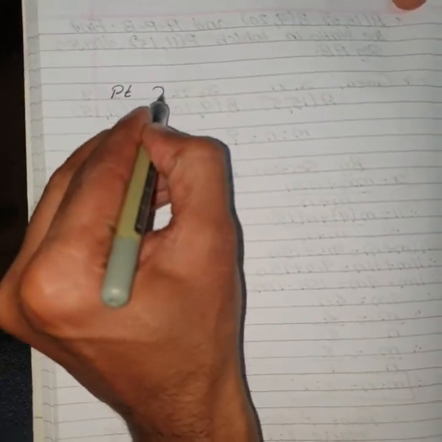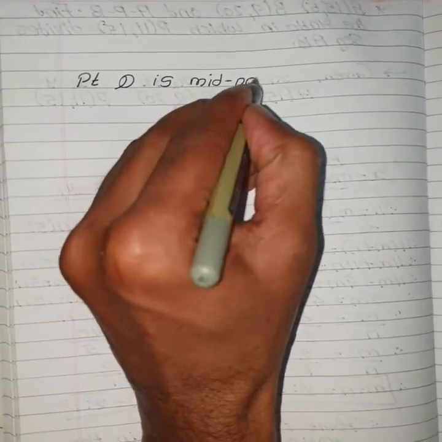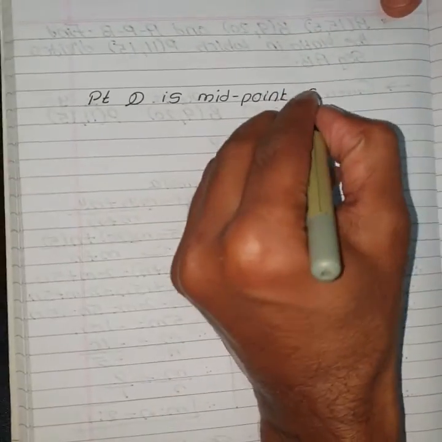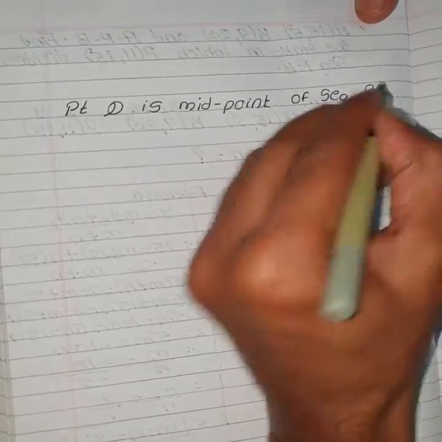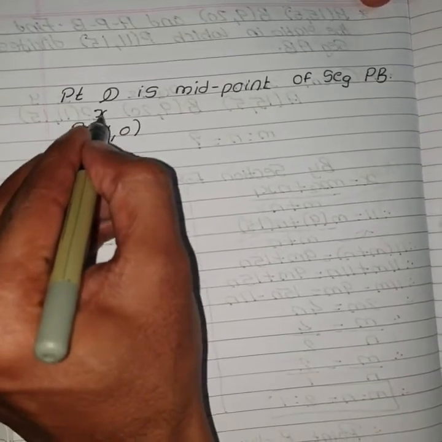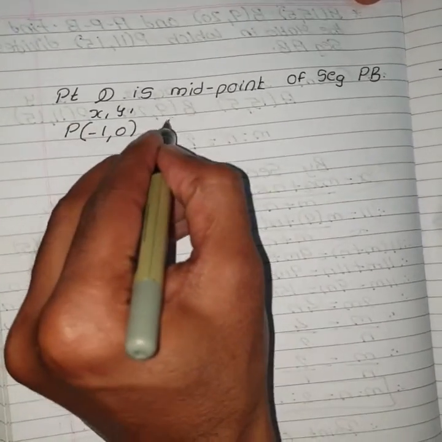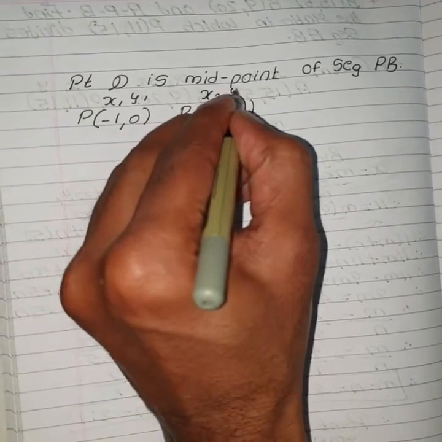Point Q is the midpoint of segment PB. P is (-1, 0), x1 y1. B is (-7, 4), x2 y2.